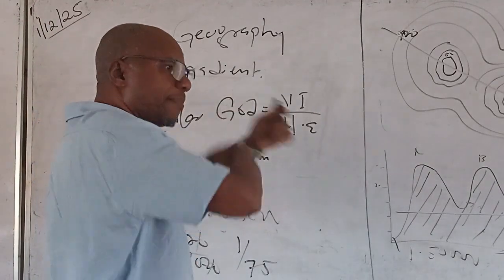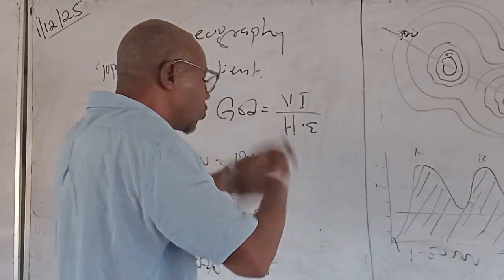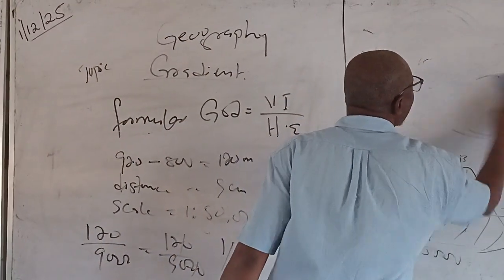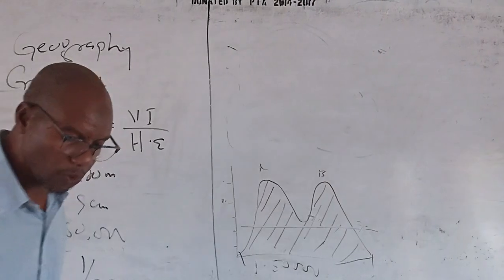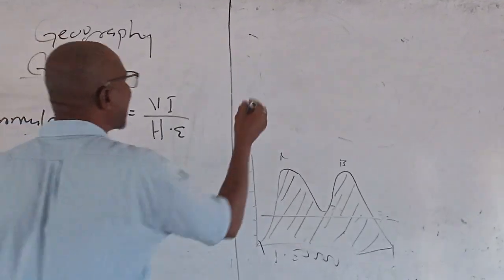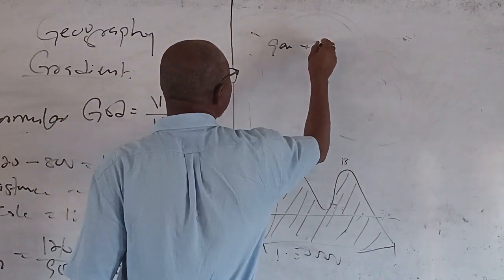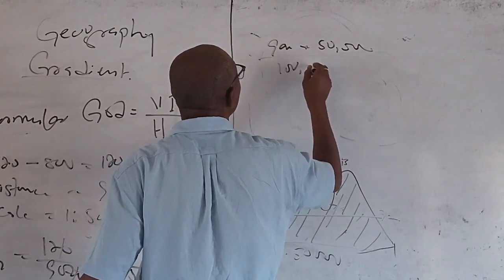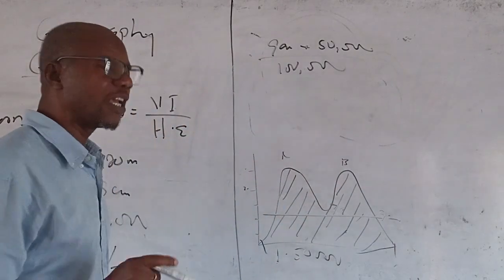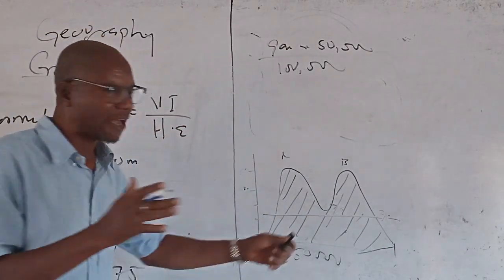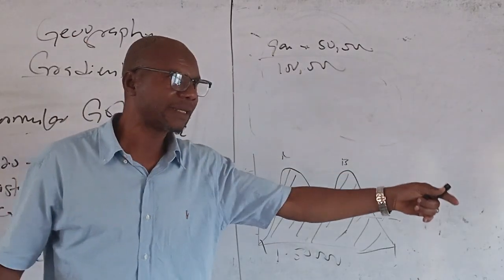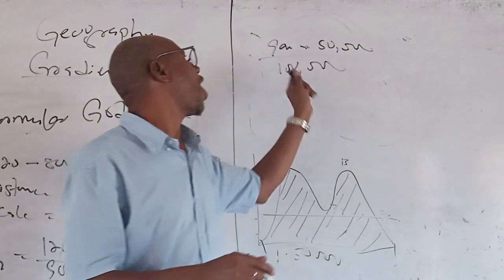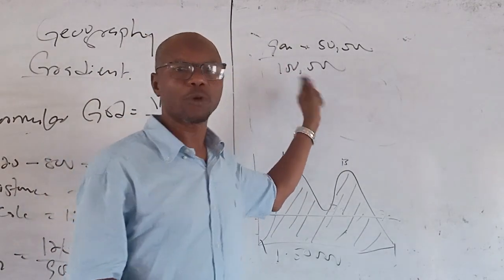Now, another way of working out the scale. To use the scale, you say 9 centimeters times 50,000, divided by 100,000. The distance from one point to another on the paper multiplied by the scale, and 100,000 is constant.